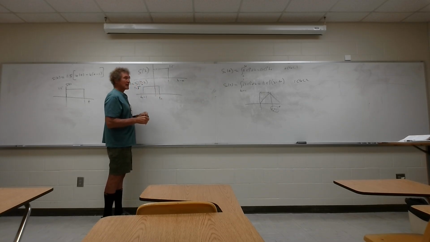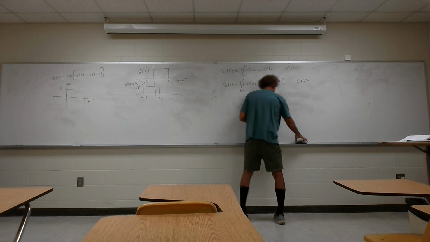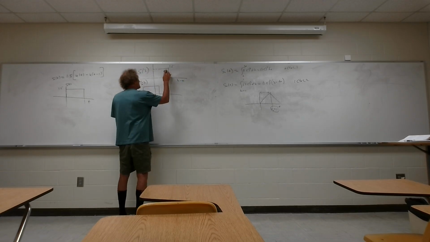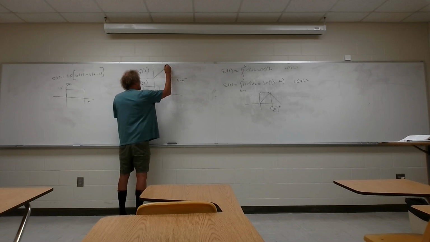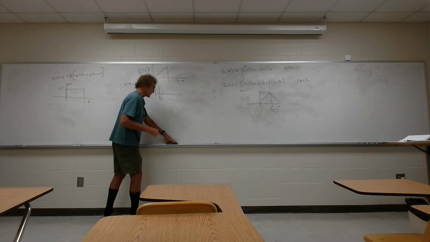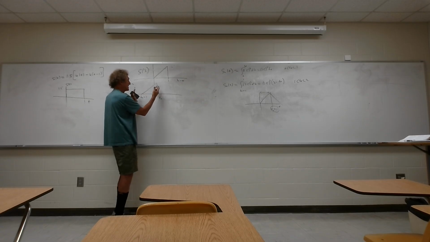Because if you think about this for a second, if I transmitted any shape, for instance, a shape that looks like this, then if I flipped and shifted the thing, what I'm going to get is basically this pulse, that pulse itself, a replica shifted like this.